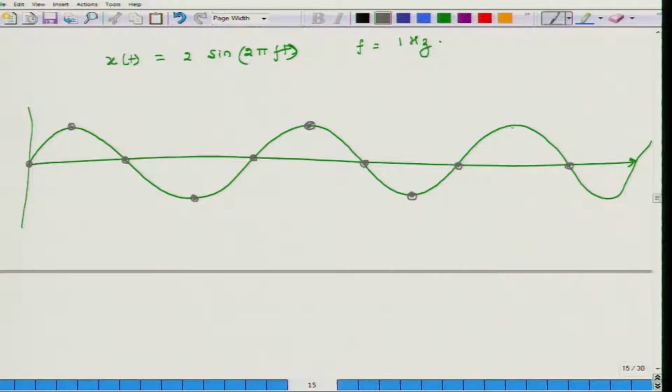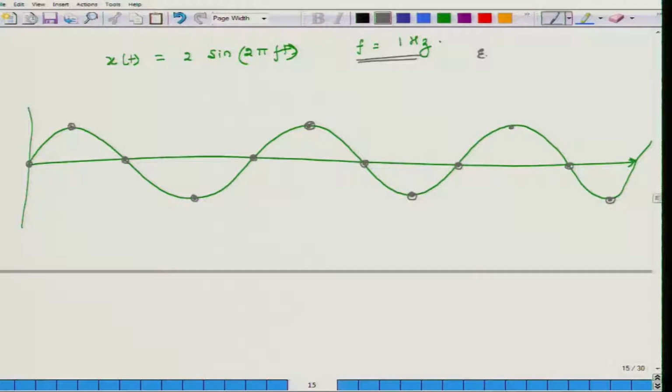I am going to set up the problem today and then we will continue this discussion tomorrow. So, the frequency f is 1 hertz, and what my data acquisition system is doing is that in each second it is acquiring 8 sample points.